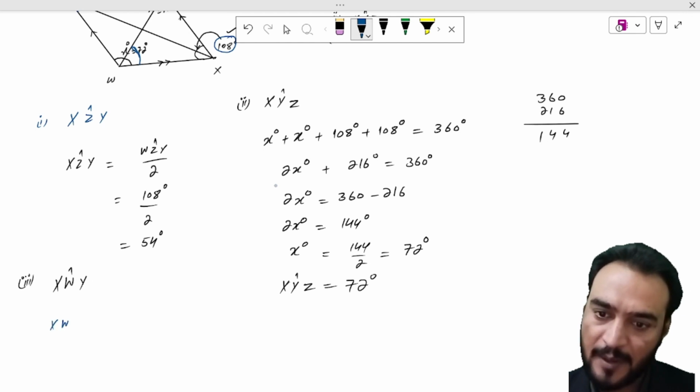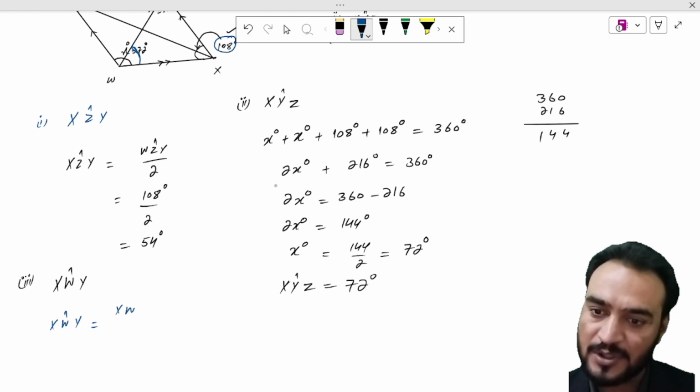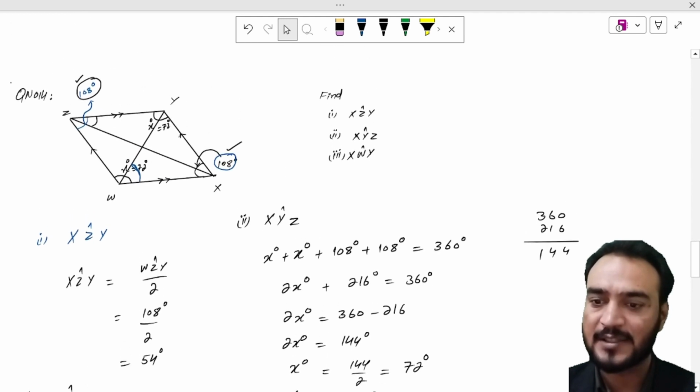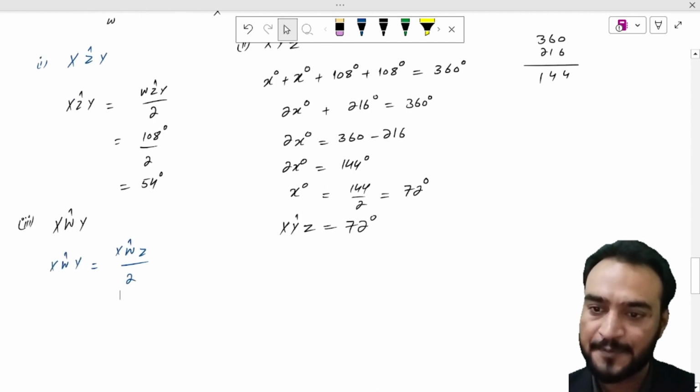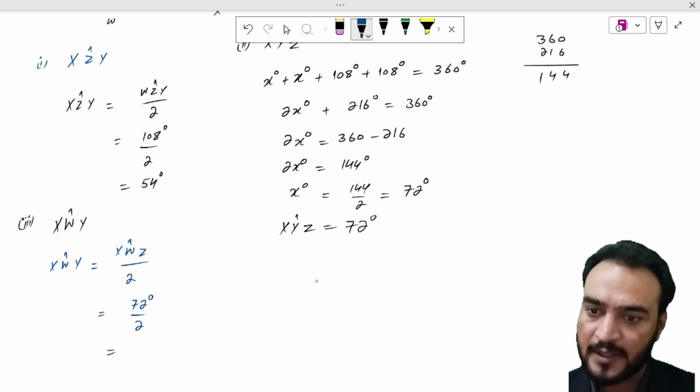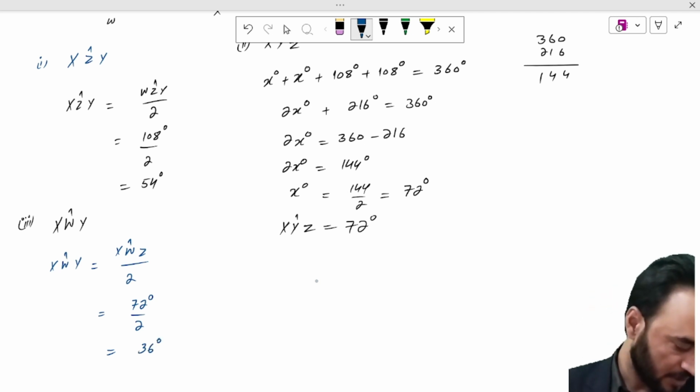XWZ is equal to 72 degrees, 72 degrees divided by 2. Dividing it by 2, we get 36 degrees, which becomes the answer of this question.